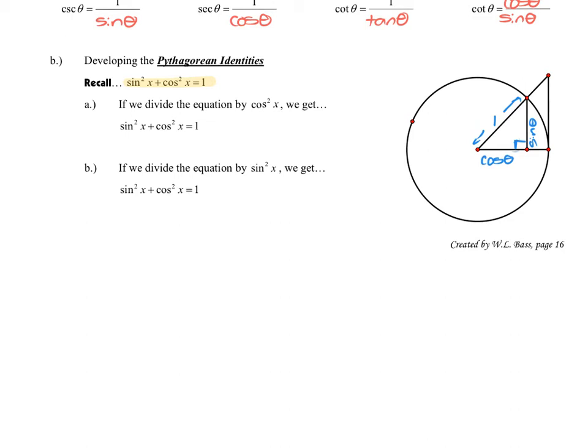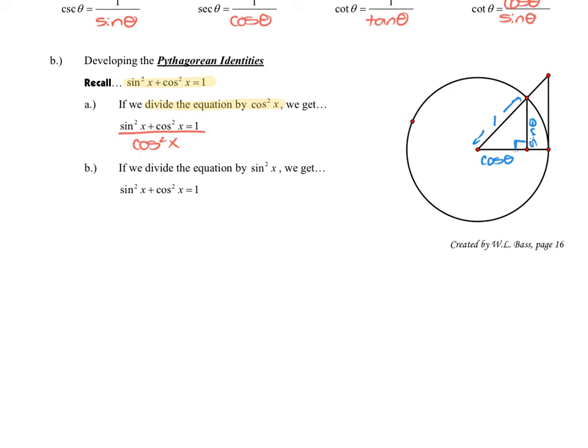Now, if we take this same equation, I'm going to do it both algebraically and visually here. So if I take this same basic Pythagorean identity, and I'm going to divide the entire equation by cosine squared x, each individual term will get divided by cosine squared x. It's going to simplify to sine squared over cosine squared.